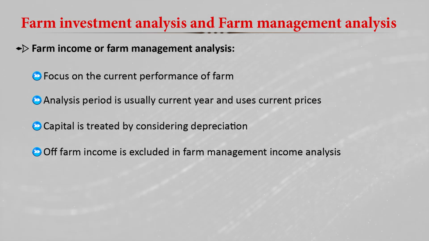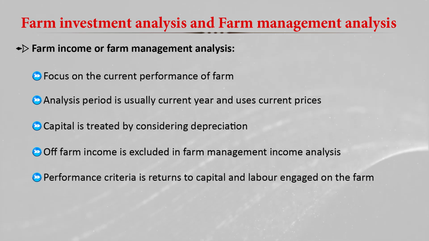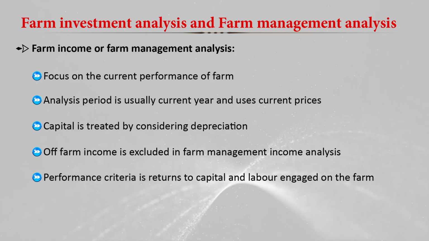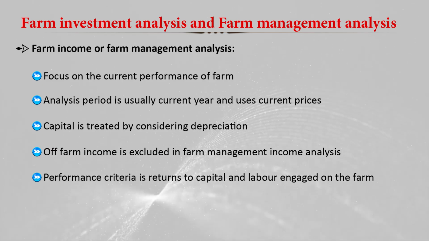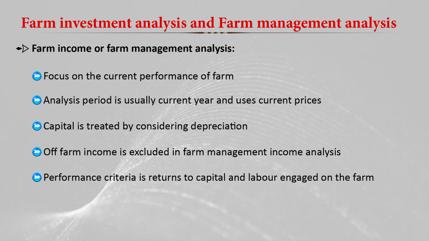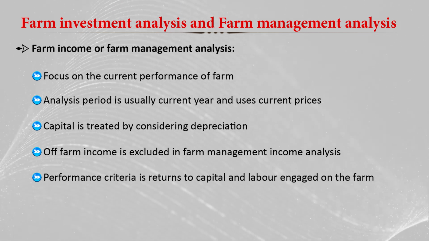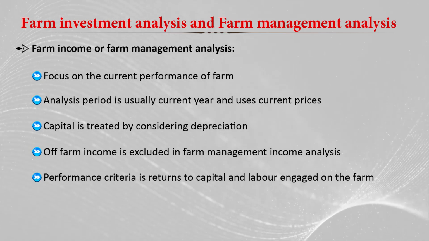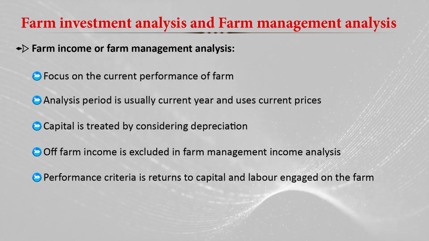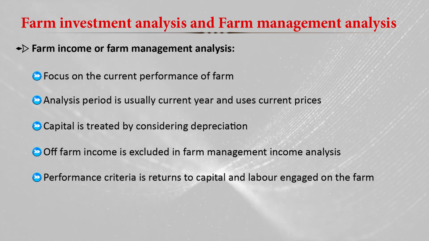The performance criterion is the return to the capital or the labor engaged in the firm. We want to see how much resources, capital or labor we are using and how much we are getting out of the capital, machinery or labor engaged in the firm.